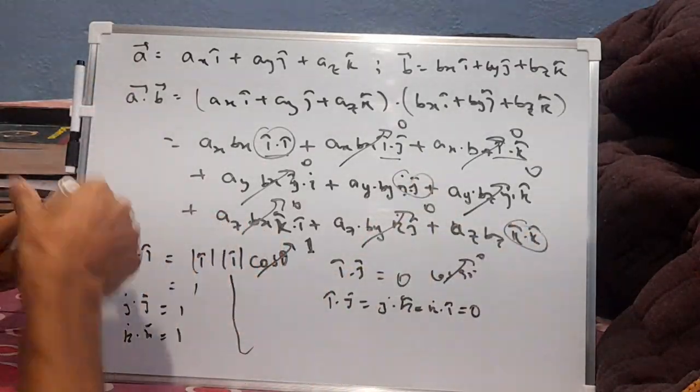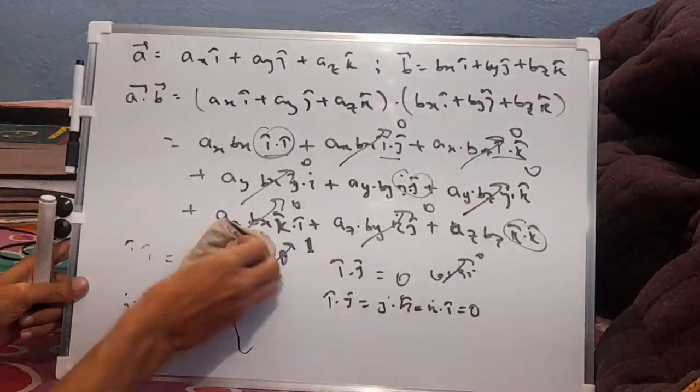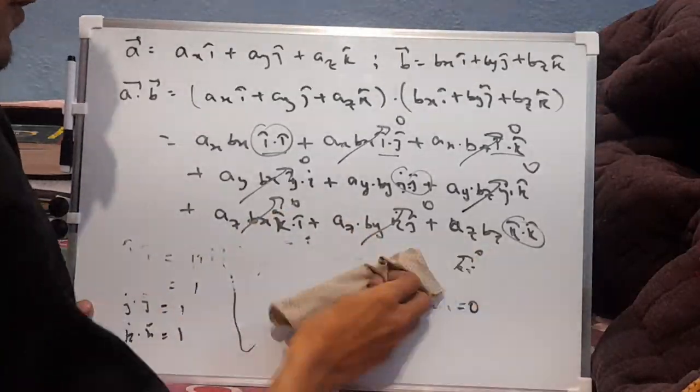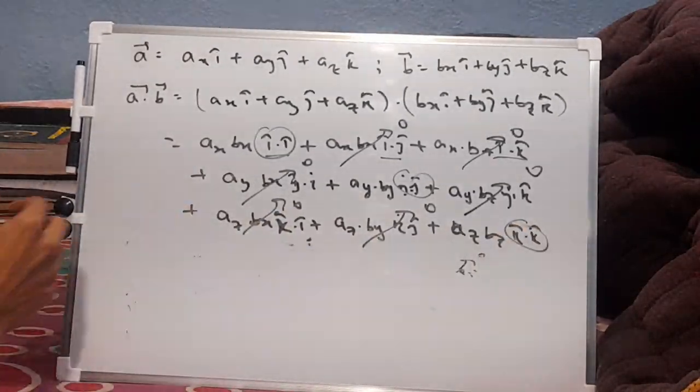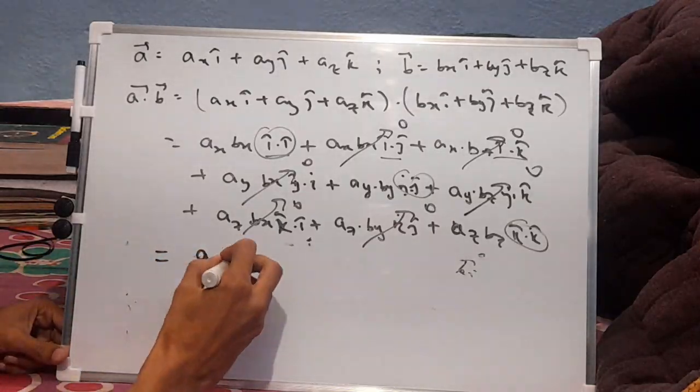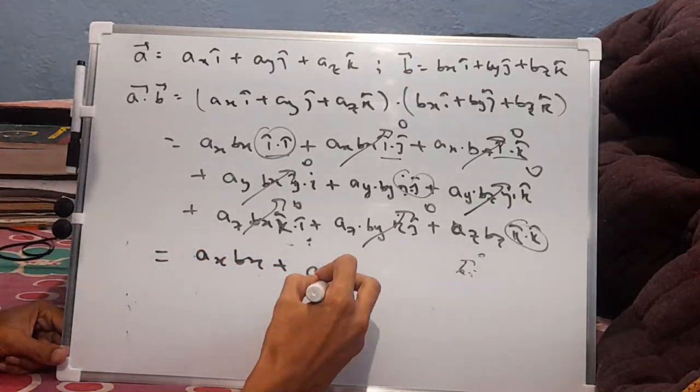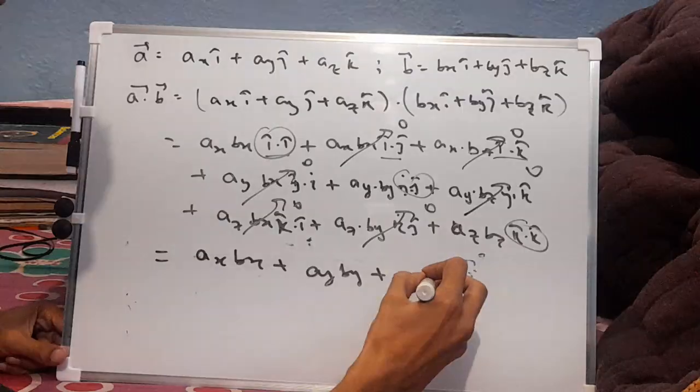Hence the entire thing will finally become ax bx plus ay by plus az bz.